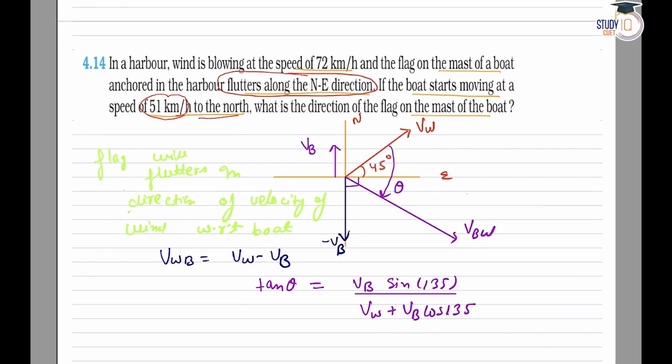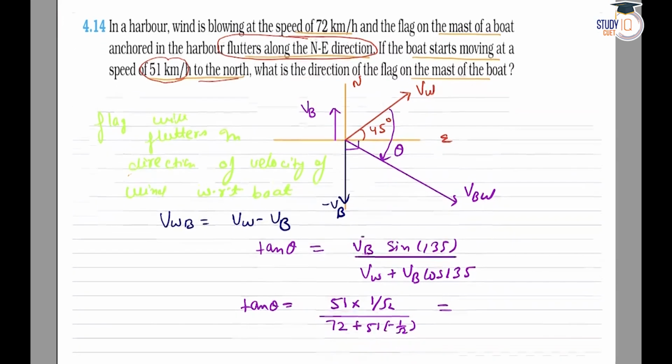This is 45 and this is 90, so the complete angle becomes 135. Putting the values of VB equal to 51 and VW equal to 72 km per hour, we get tan theta equal to 51 into sine 135, which is 1 by root 2, divided by 72 plus 51 into minus 1 by root 2.